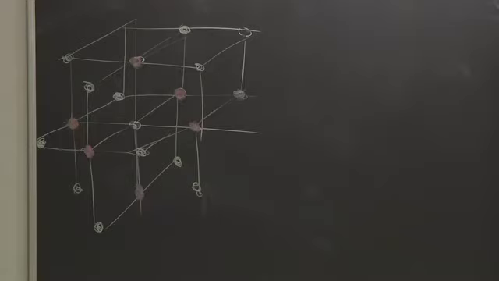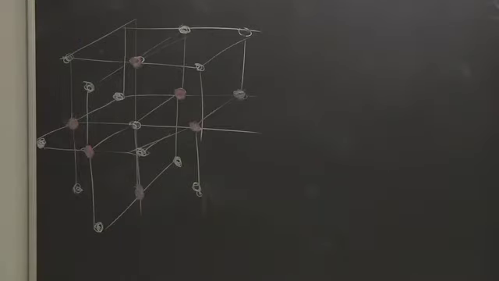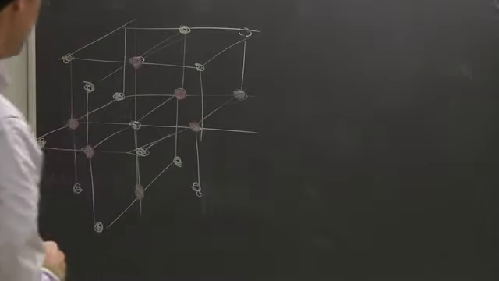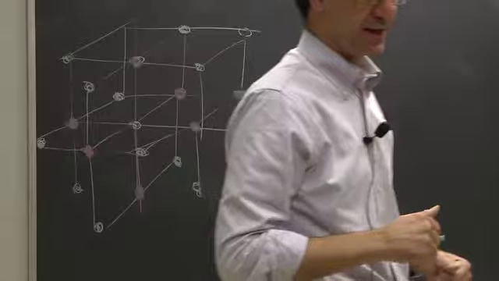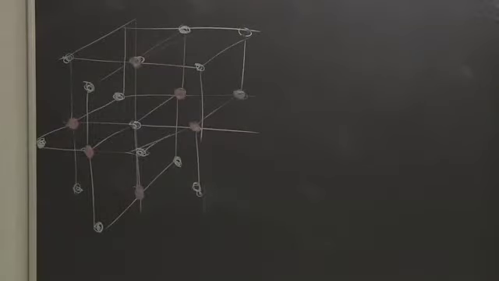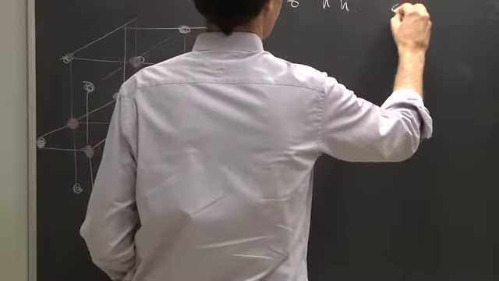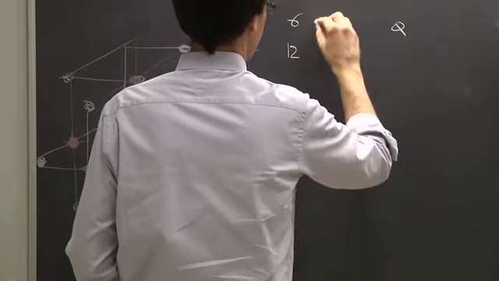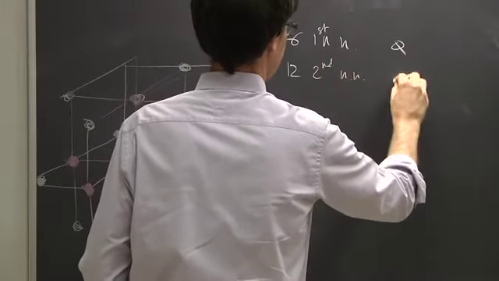You were right. So I have 12 second nearest neighbors located 4 in each of the 3 independent planes, xy, yz, and xz. So it's 6 first nearest neighbors at A, second nearest neighbors at square root 2A.